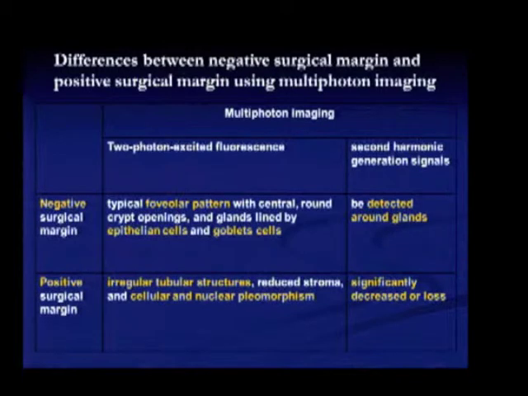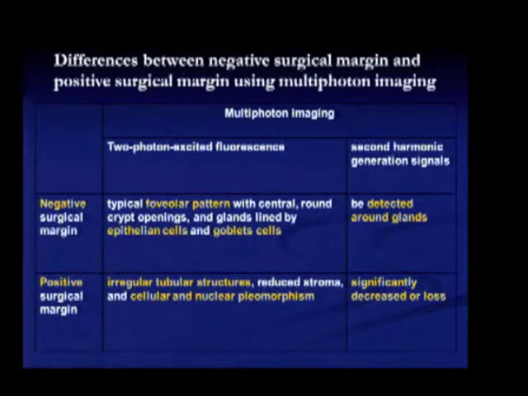The difference between negative and positive surgical margin in two-photon excited fluorescence: it can show a typical four-wheeler pattern with central round crypt opening and glands lined by epithelial cells and goblet cells in negative surgical margin.